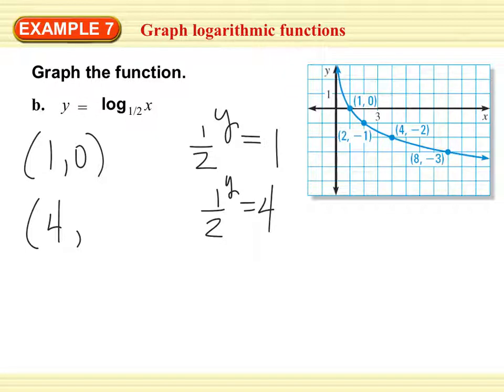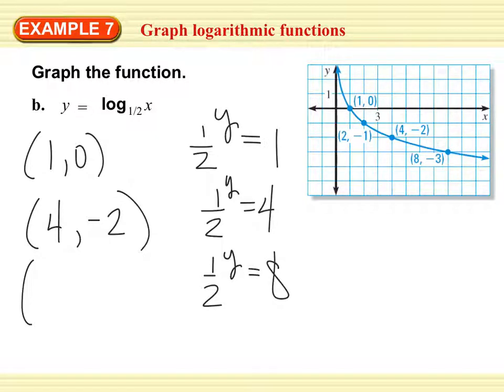I need it to be a negative number to get my 2 in the numerator spot, and then square it to become 4, so negative 2. And then 1/2 to the y equals 8. I know if I cube a 2, I get 8, but it needs to be a negative 3, I'm sorry. So 8 comma negative 3. That's not easy. I know you guys can do it, but plot your points.